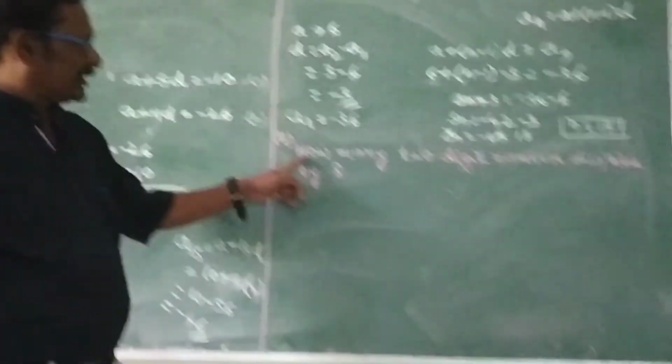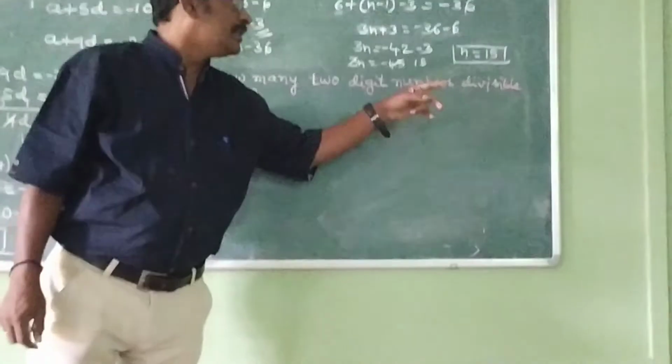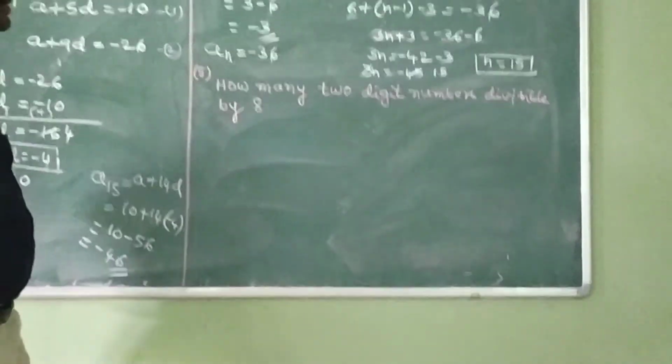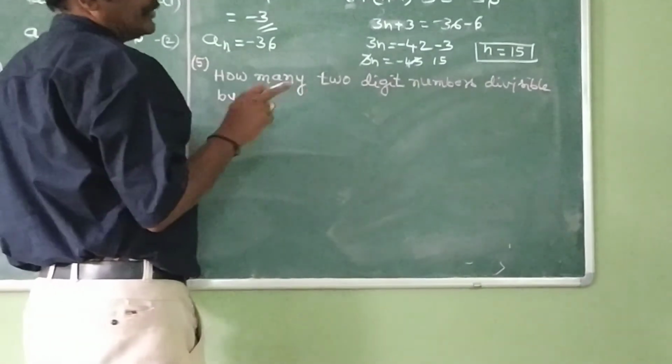Now, the next problem: how many 2-digit numbers are divisible by 8? The 2-digit numbers start from 8 ones are 8, 8 twos are 16.